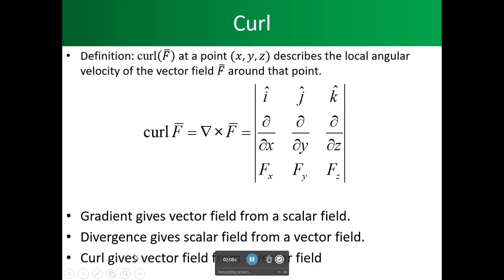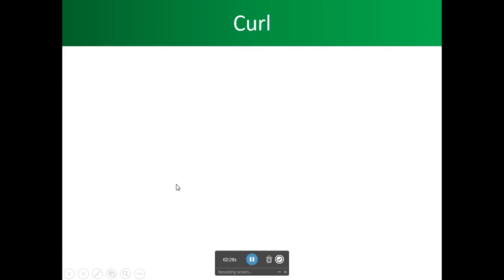Then we have our curl. It gives us a vector field from a vector field, so it keeps it a vector field. It doesn't change it, whereas the gradient changes it from a scalar field to a vector field, and the divergence takes a vector field and changes it to a scalar field.